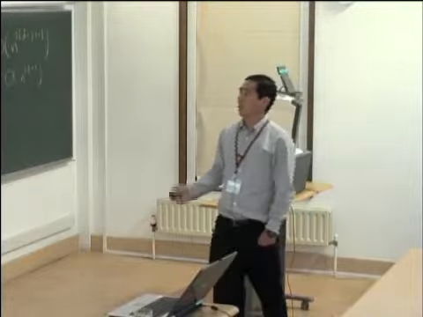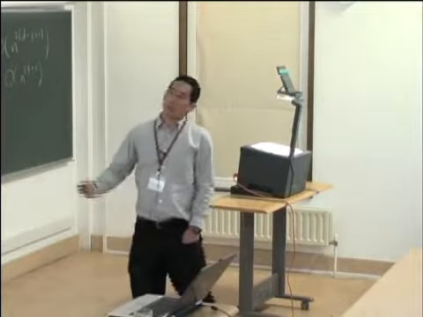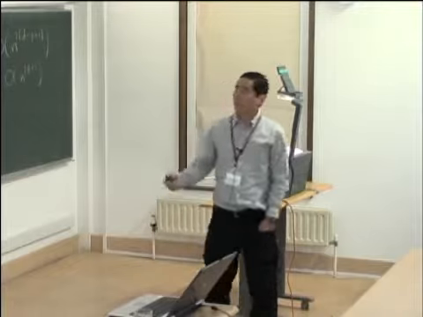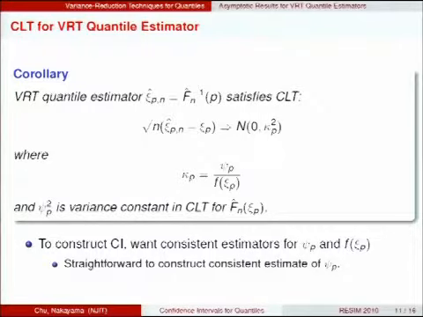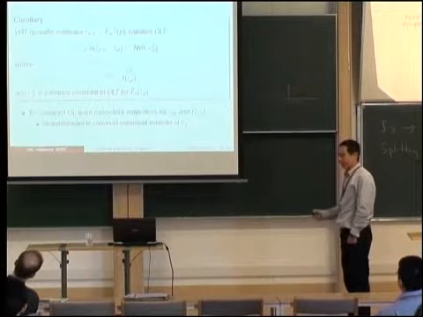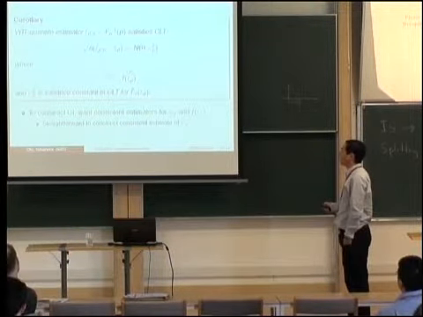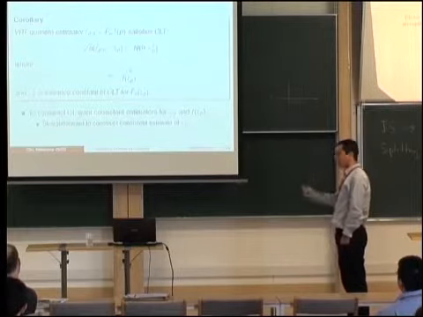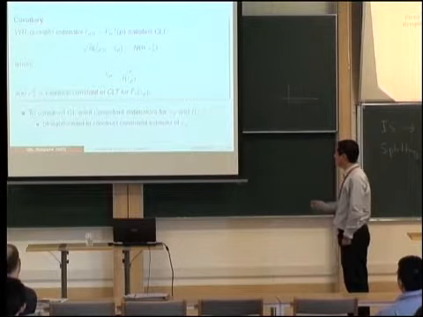Okay, so once we have a central limit theorem, if we can come up with a consistent estimator of kappa p, then we can come up with an asymptotically valid confidence interval. So what we want is consistent estimators of the numerator and the denominator. Estimating the numerator is fairly straightforward, and it's the natural estimator that you might come up with. You can prove that it's consistent, and that's what we did.